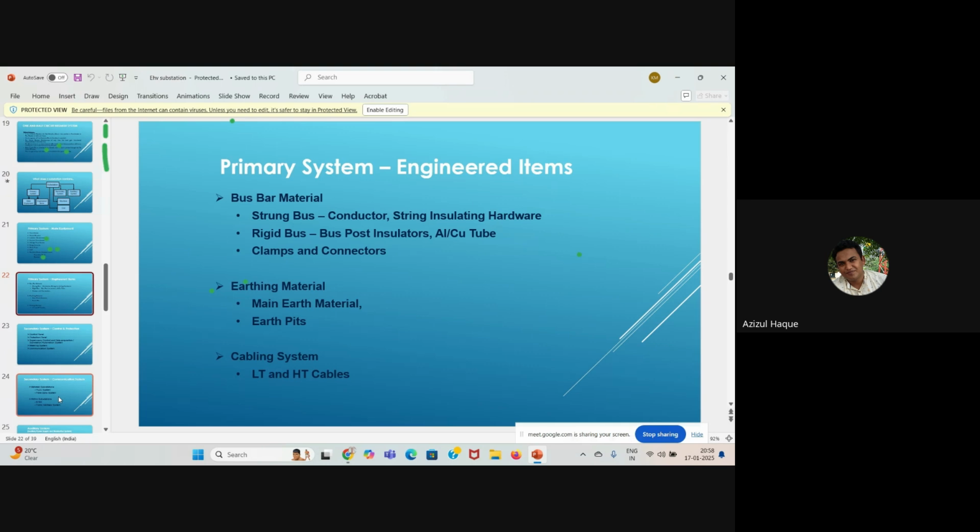So for that we need bus post insulators for supporting the aluminum bus. This quantity we have to find out, calculate, design, and accordingly procure.